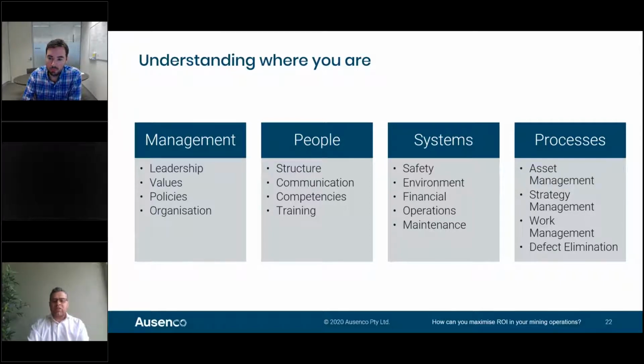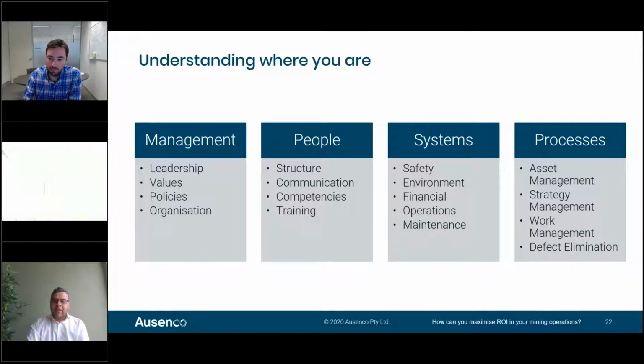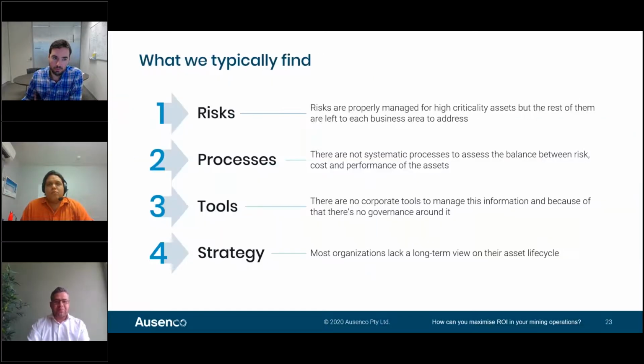The financial and operations and maintenance are also there. And then what are the processes that you are currently using, and how are they functioning within your organization? Like asset management, strategy management, work management, and defect elimination, basically. We can go to the next one, please, Matt.